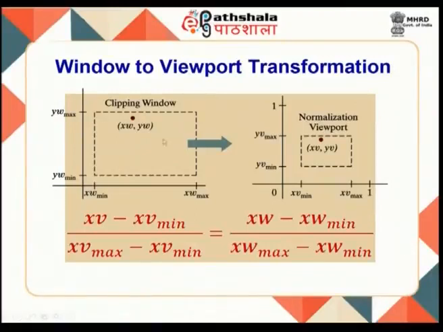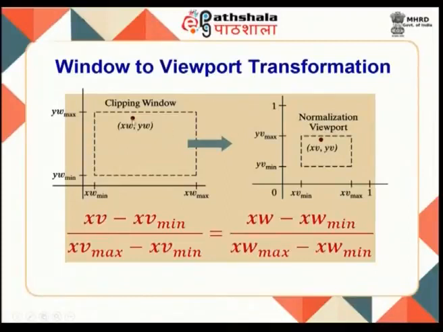Let me repeat: let xw min and xw max be the two infinite vertical lines, and yw min and yw max be the two infinitely extending horizontal lines that make up the window boundary.